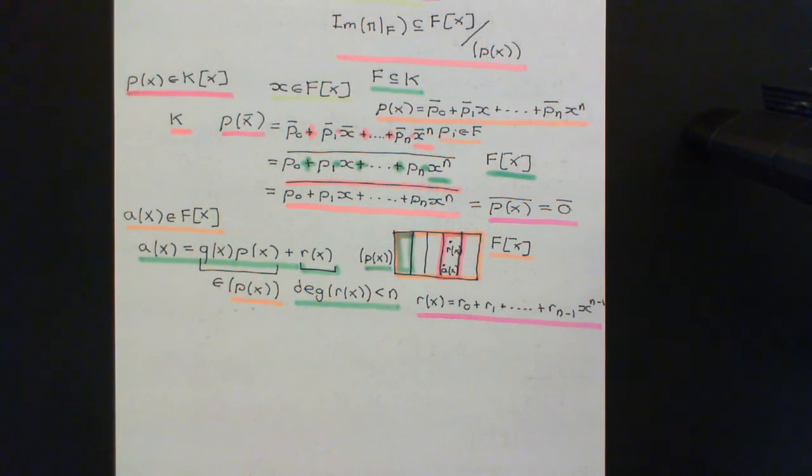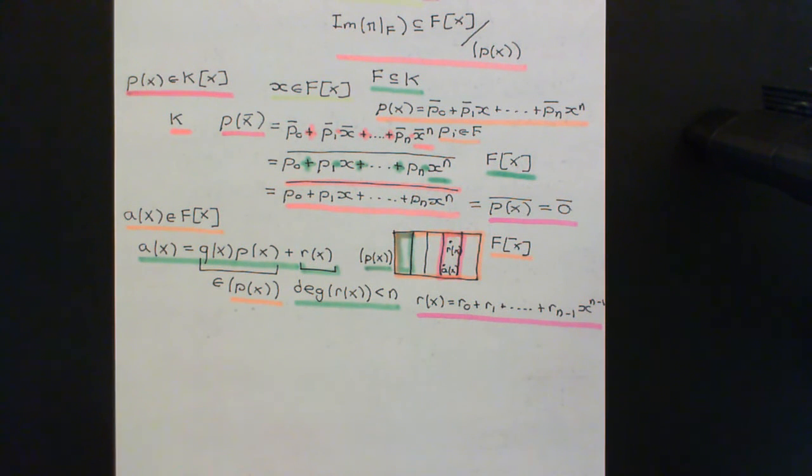Every coset is representable by a polynomial of degree less than n, and all of the polynomials of degree less than n represent a coset, so it works both ways round. They're in bijective correspondence, basically. That's a nice way of saying it. There's a bijective correspondence between the polynomials of degree less than n and the cosets that we're going to get, i.e. the elements of our field extension.